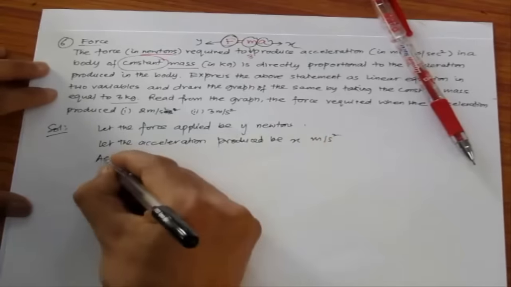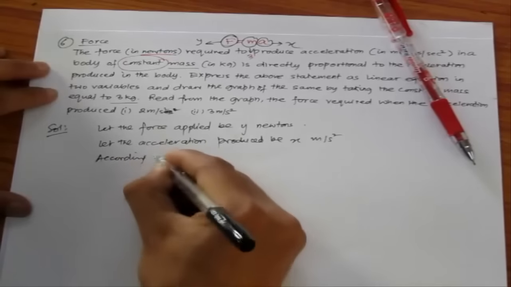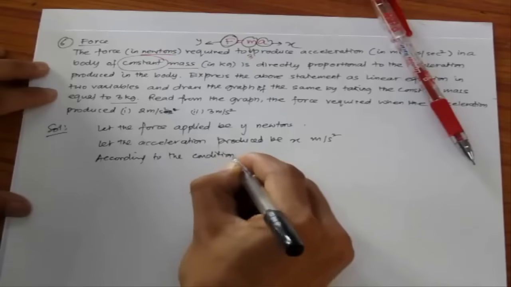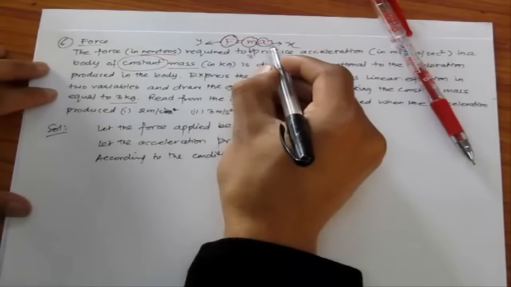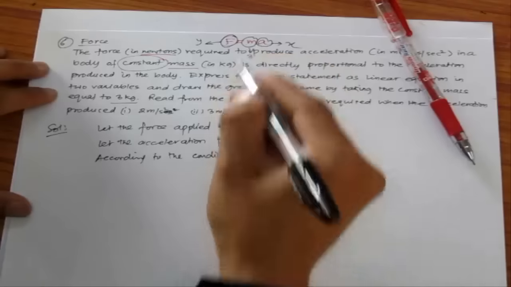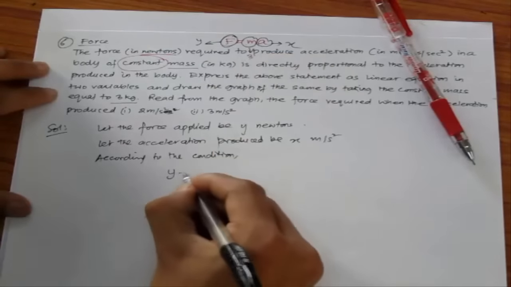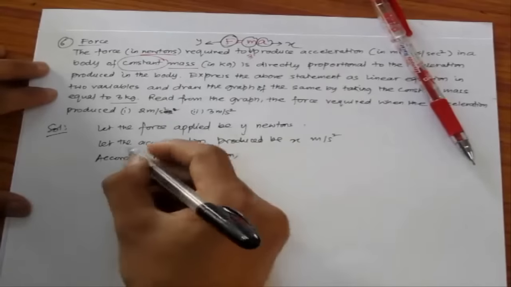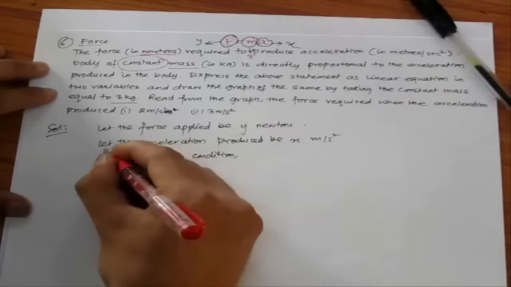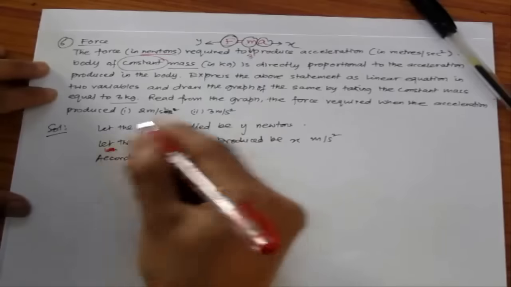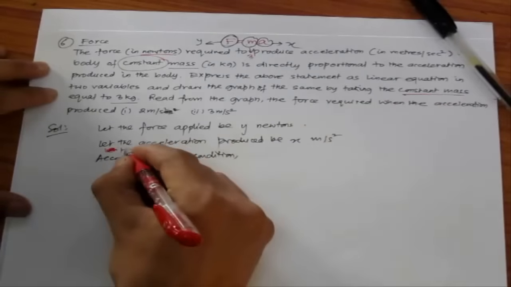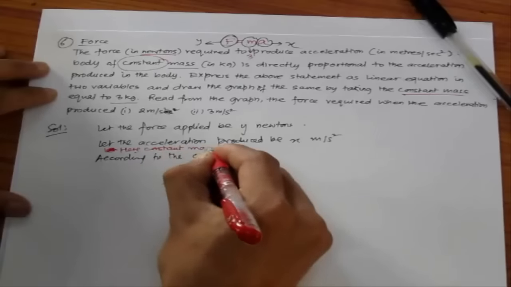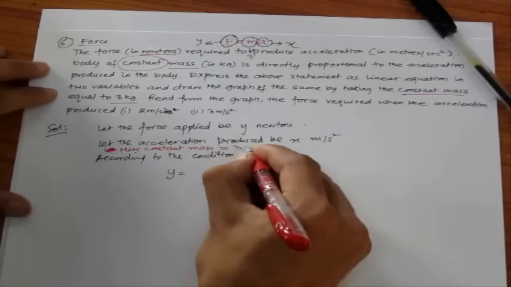So according to the question or condition, F is equal to ma. We know the formula of force. So F we write as y, and here is a constant. Let the constant mass be equal to 3 kg.